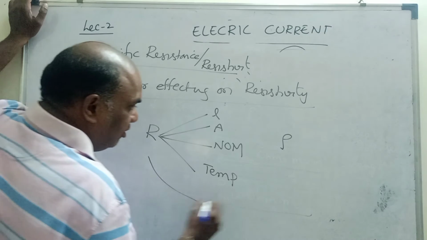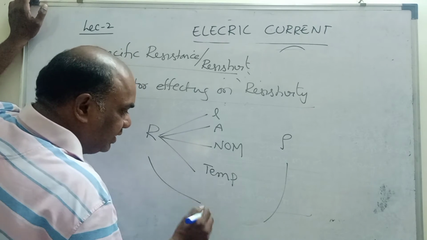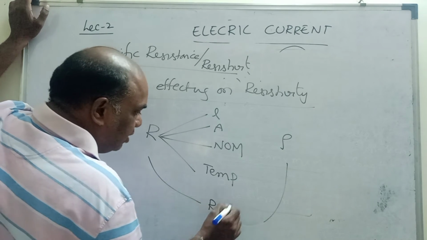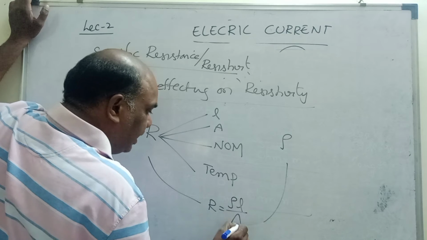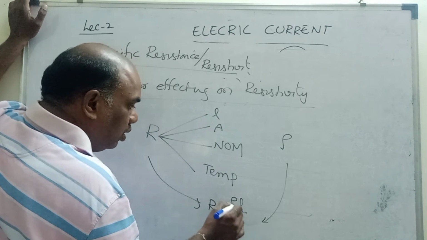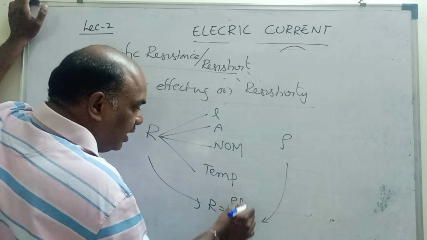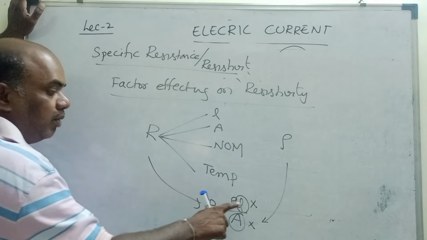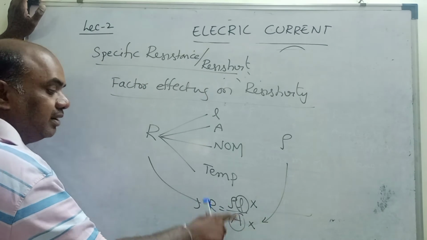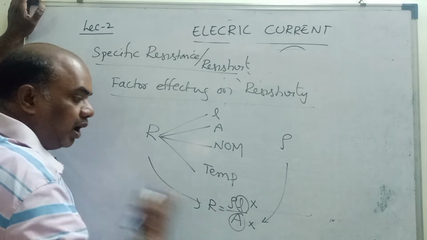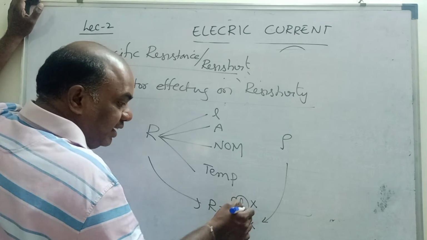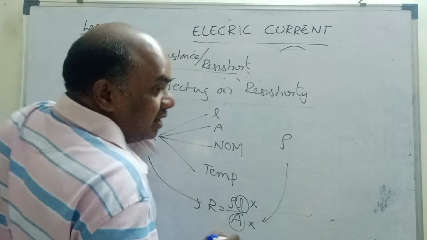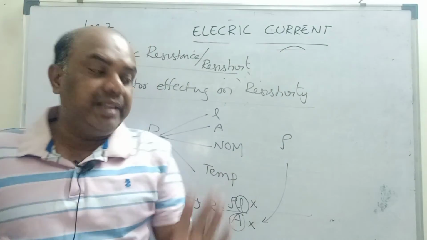First of all we will see the relation between resistance and resistivity. R is equal to, what is the formula? Rho L by A. What is rho? If length and area of cross section are fixed, 1 meter length, 1 mm square thickness, suppose these two are fixed for all materials, so resistivity does not depend on length and area. Why? Because all materials have the same length and the same thickness.